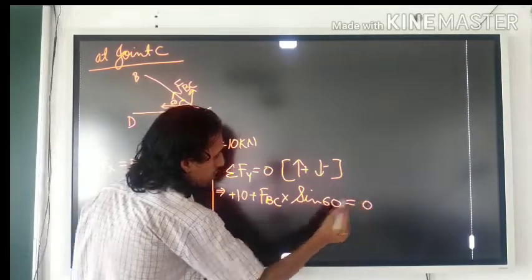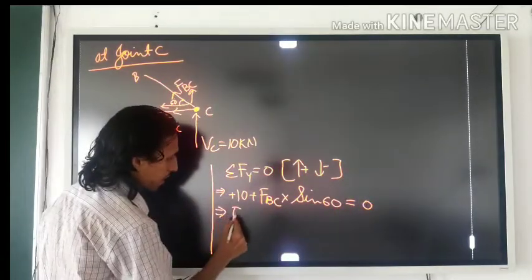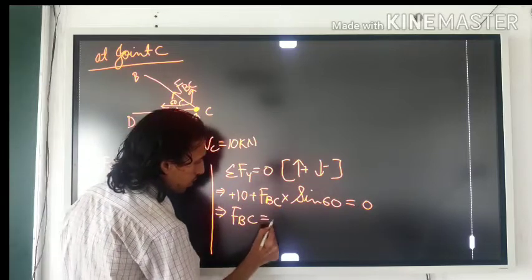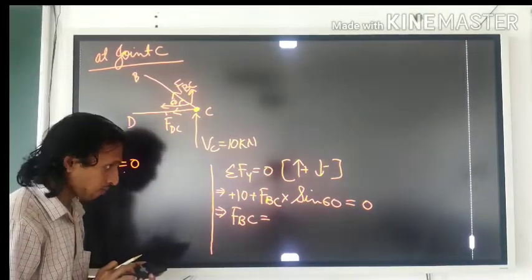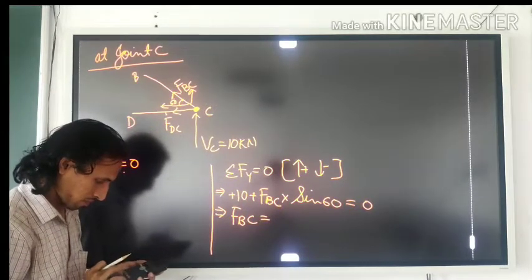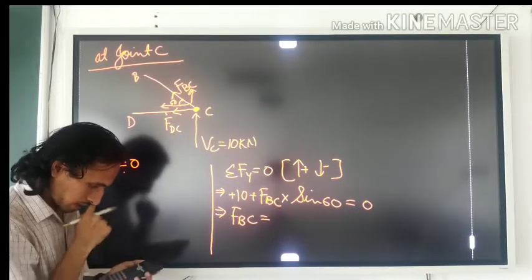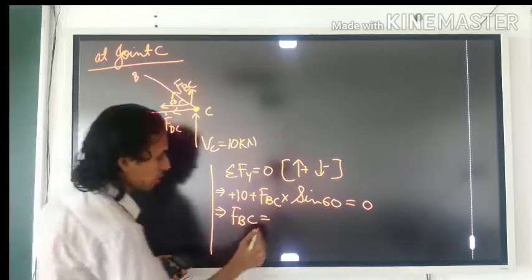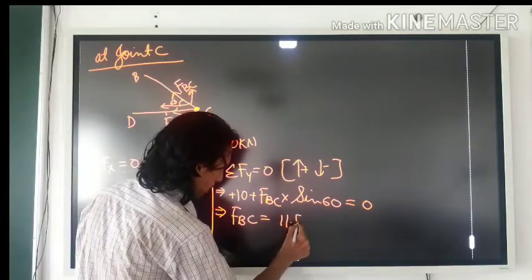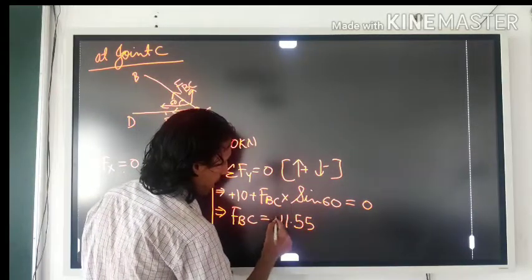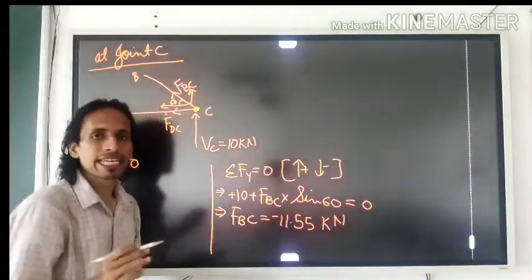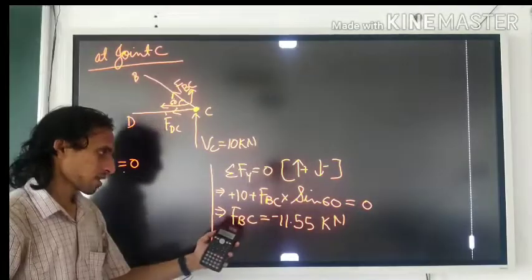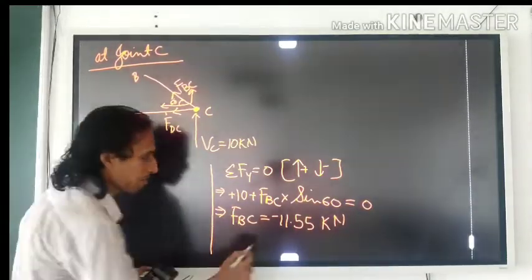Put this equal to 0. Calculate for FBC. So it again comes out to be negative 11.55 kilonewton. The minus sign indicates that the BC member is in compression.